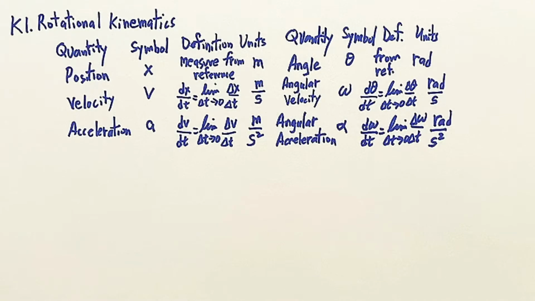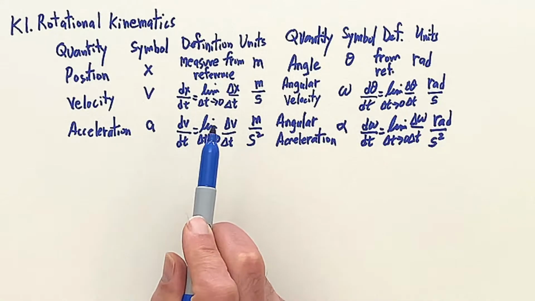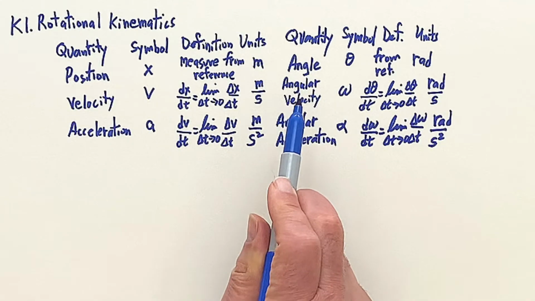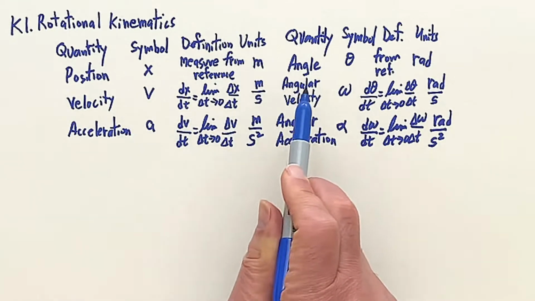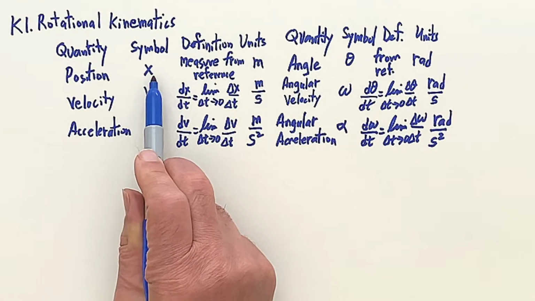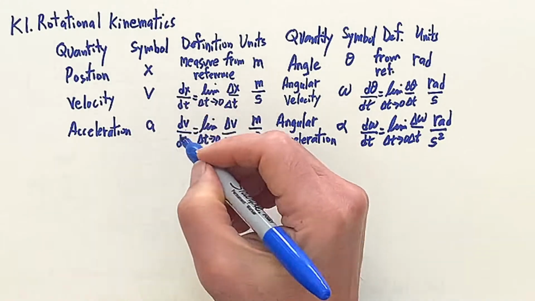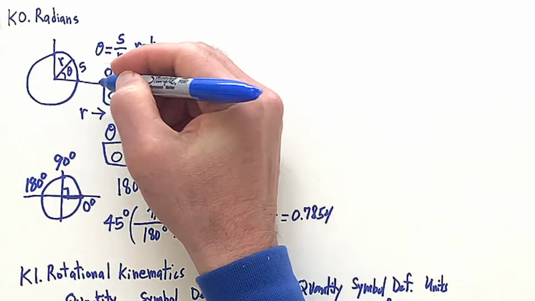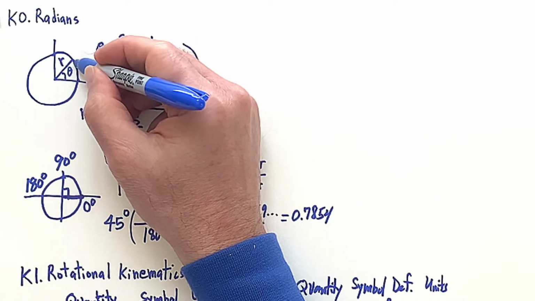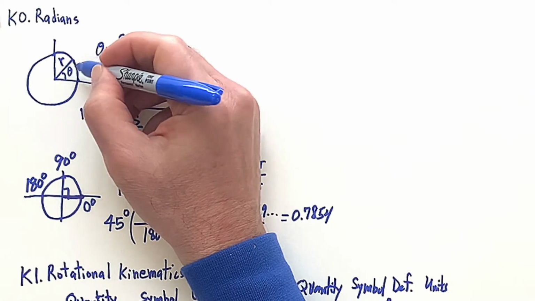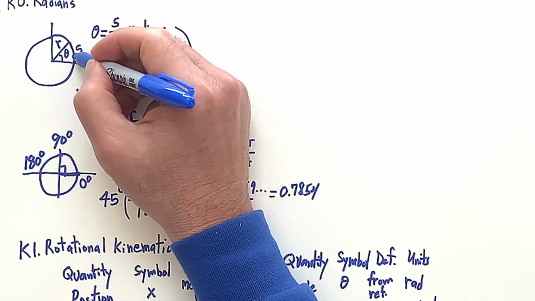Now, the physical quantities are related. Angular velocity and angular acceleration are related, just like the angle is related to a distance, measure, position, x. So here we have already seen this connection where this is arc length, s, there's an angle theta, and this shows the connection.